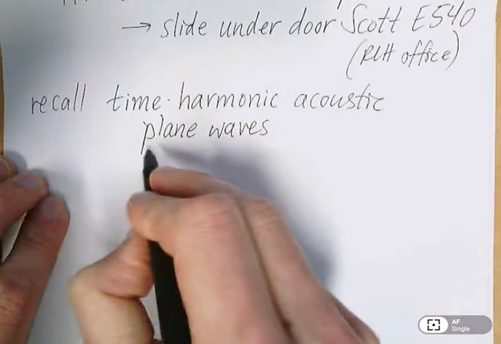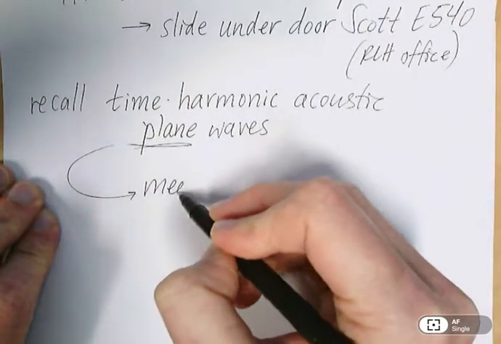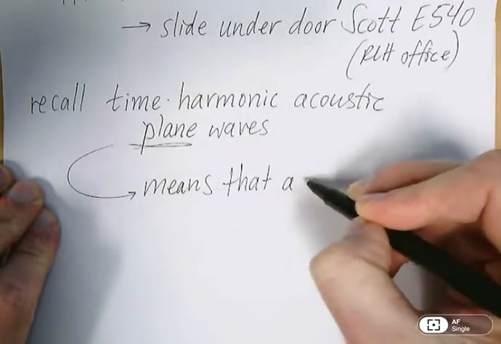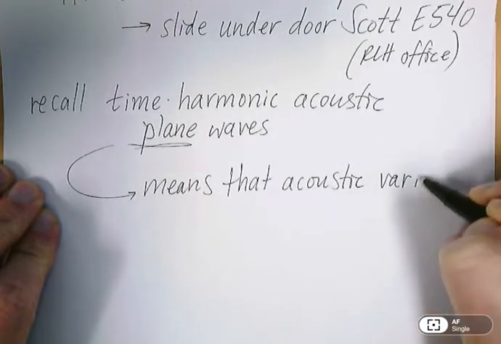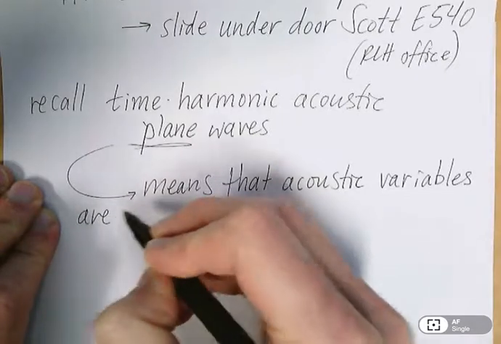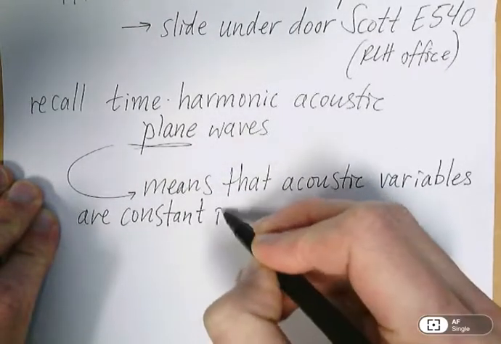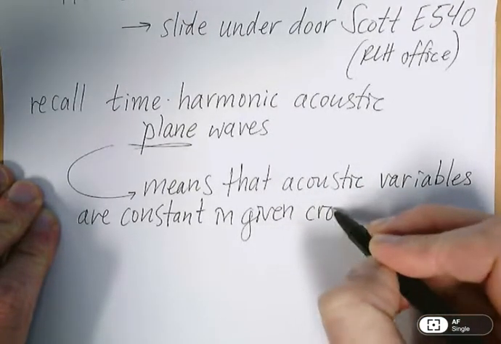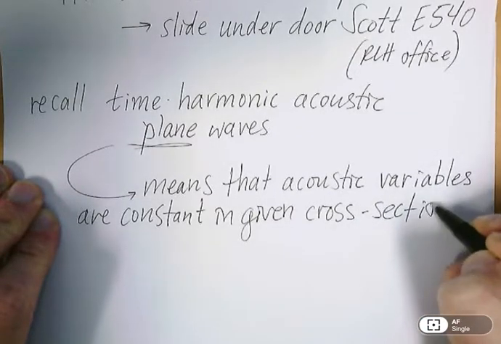But recall that plane waves mean that the acoustic variables are constant in a given cross-section.